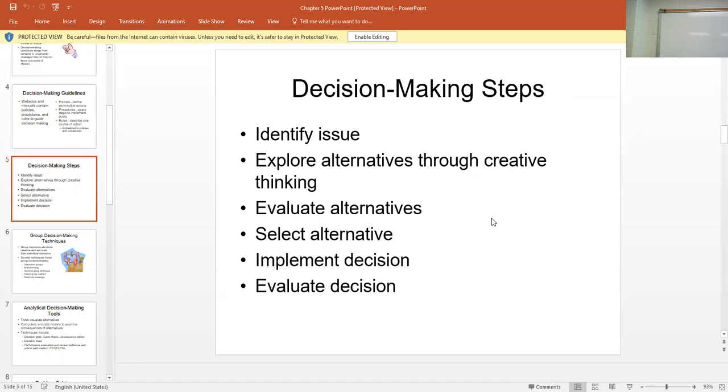That's your P part, when you're evaluating alternatives and exploring alternatives and selecting alternatives. Once you select it, you implement it, and then you evaluate. See how API plays into so many things that we do, and how I tell people when I talk to them about the program, look, whether you do recreation therapy, we're going to talk about some things that are going to carry over that you can use.